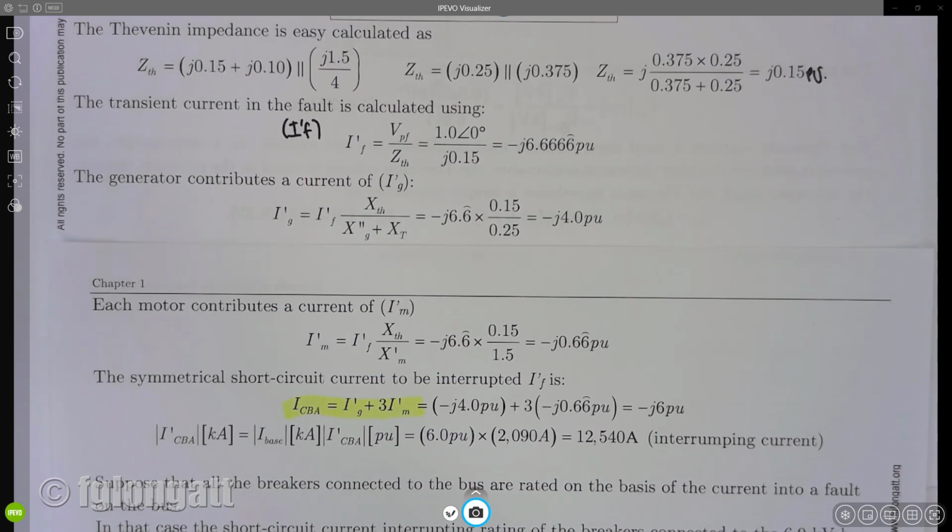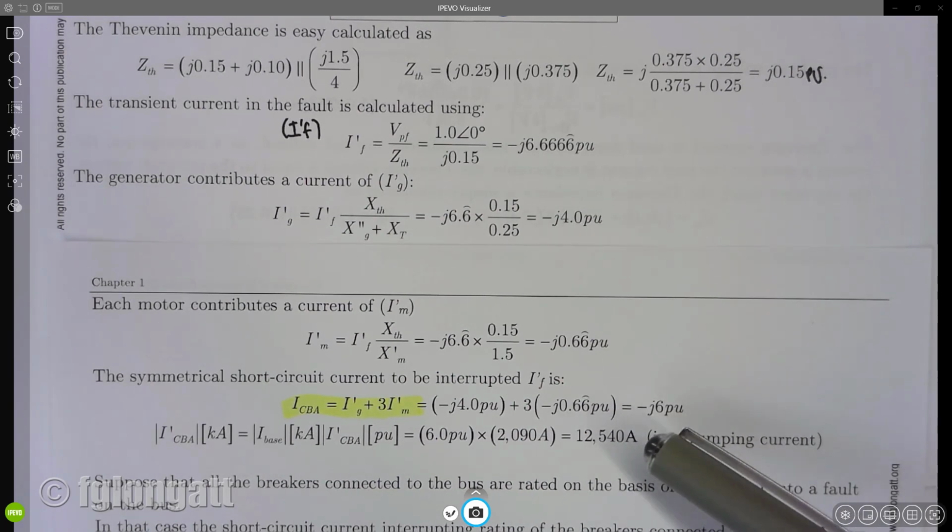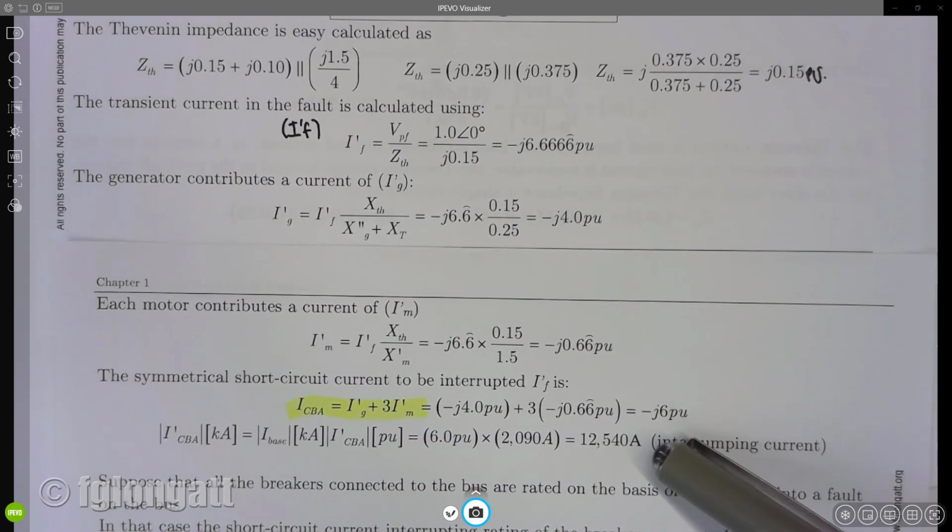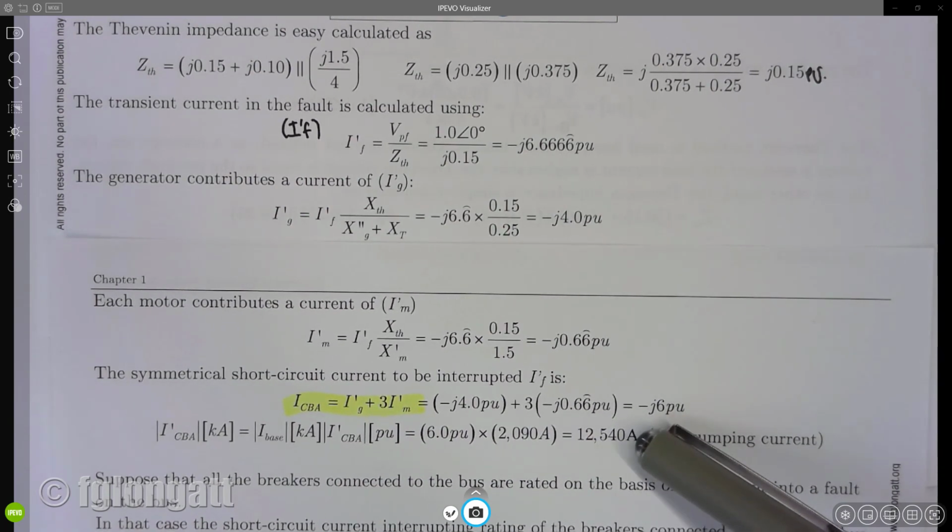Okay. Here, that is the result at 6.6 kV. And if you remember now, for the interrupting current, this current is 12 kiloamps.